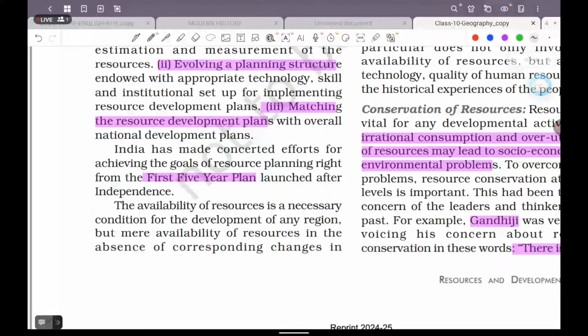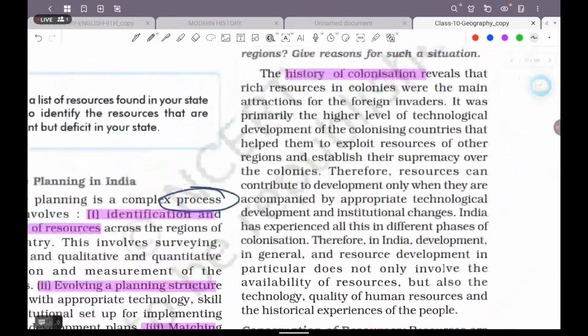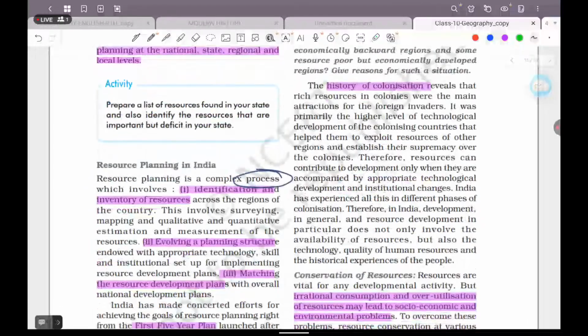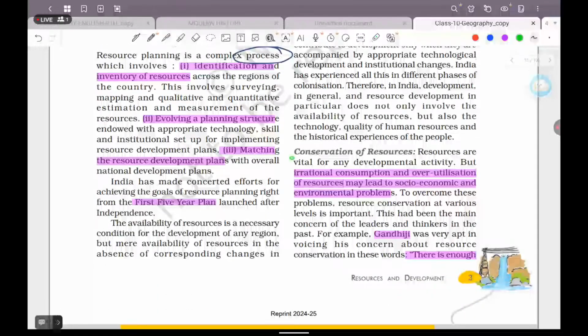So availability of resources is a necessary condition for the development of any region. Conservation of resources is vital for any country's development activity, but irrational consumption and overutilization of resources may lead to socio-economic and environmental problems.